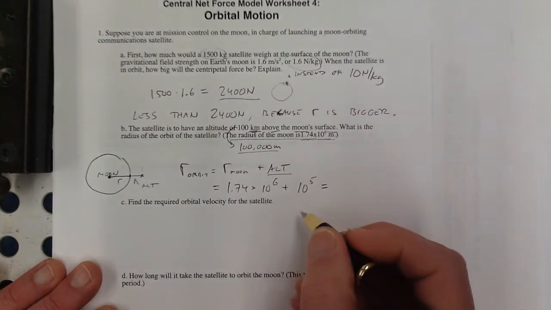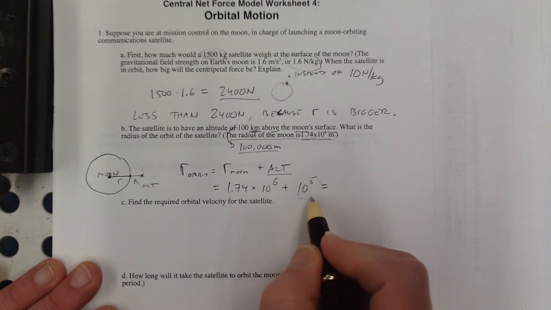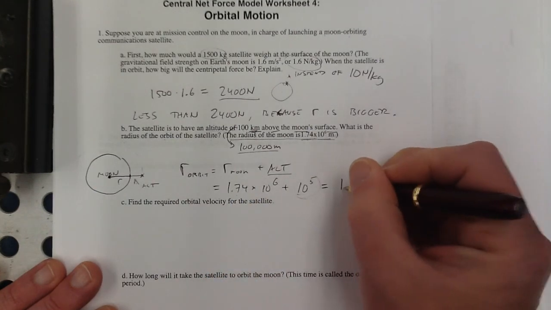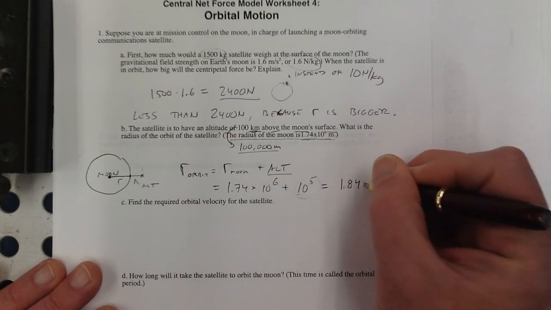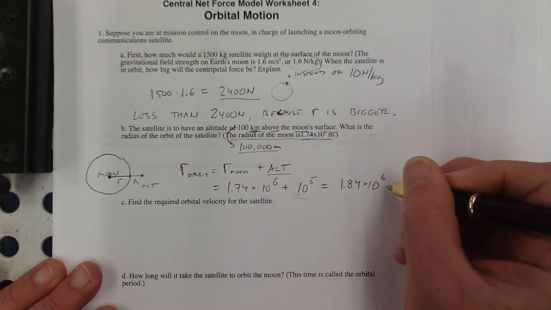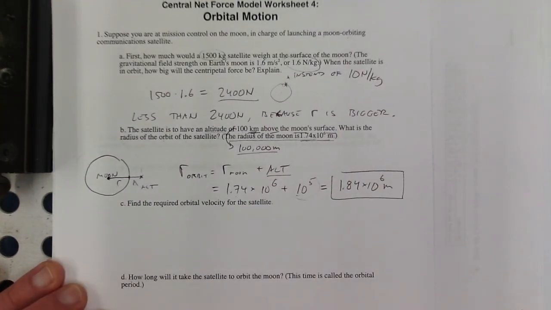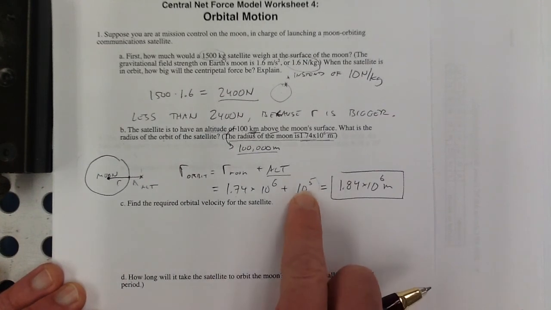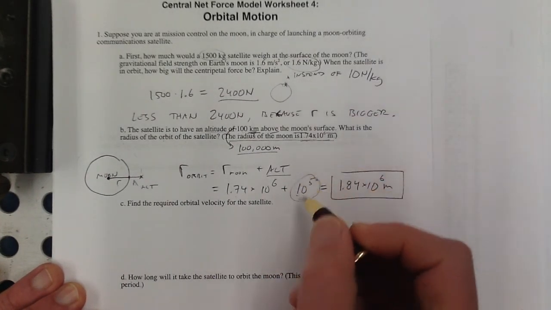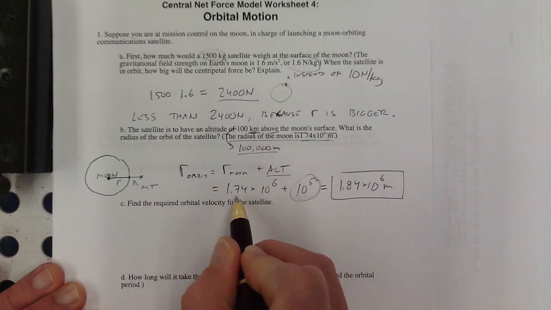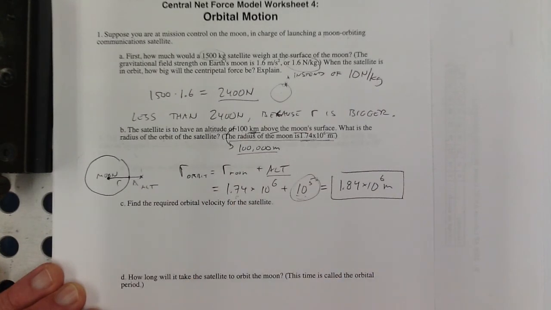You can do that in your calculator or realize that it's this decimal place. That's 1.84 times 10 to the 6 meters. Okay, so notice where that difference showed up in the decimal places.